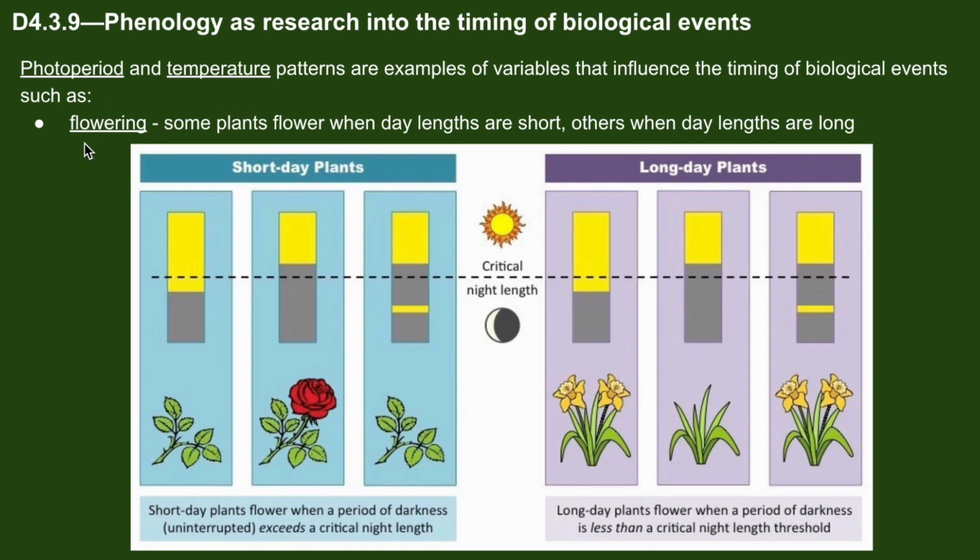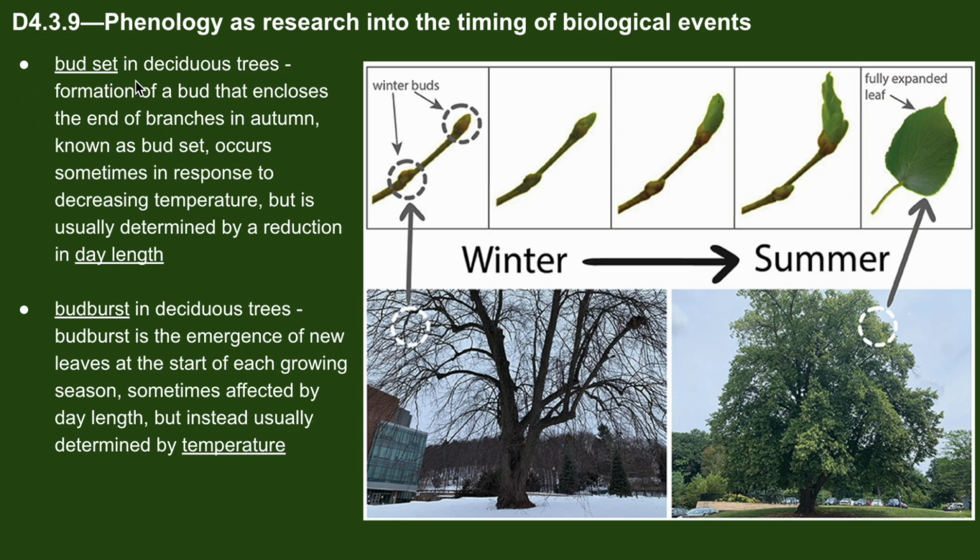Okay, note that things like flowering can depend on photoperiod, and so flowering can occur based on the number of hours of sunlight that a plant receives. Bud set in deciduous trees is where buds are forming. Sometimes it can respond to decreasing temperature, but usually it's determined by a reduction in day length, photoperiod.